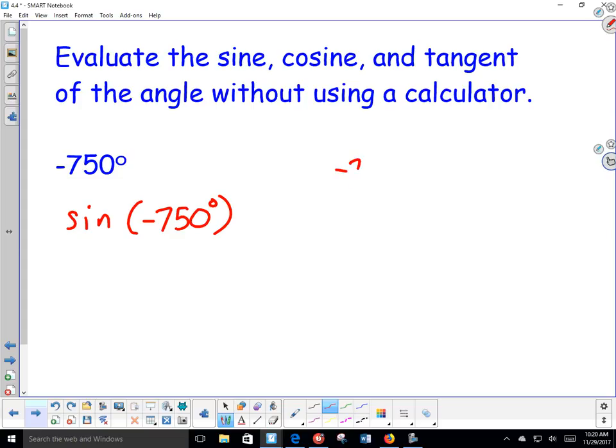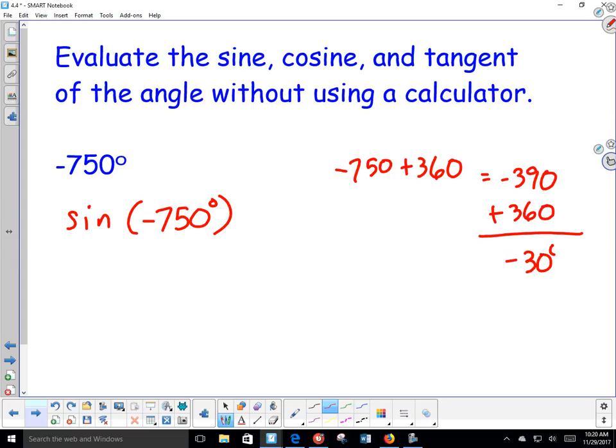So what is negative 750 plus 360? Negative 390. Is that one that we know, like on our unit circle? No. You could add another 360. What does that get us? Negative 30. Is that one that we could maybe reason out on our unit circle? Sure.